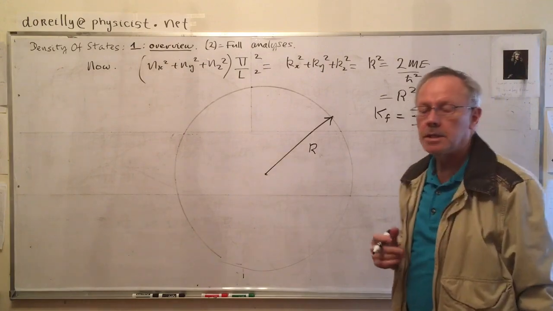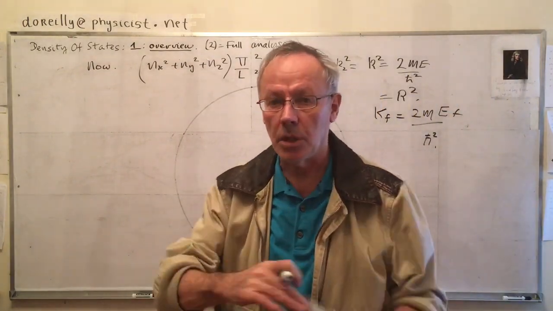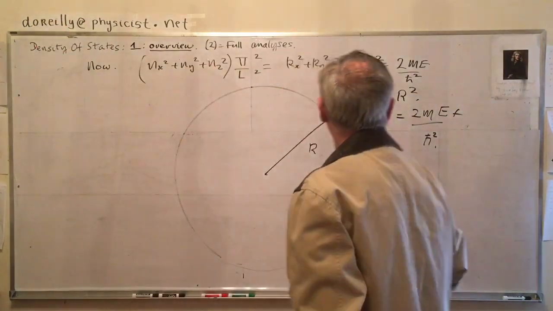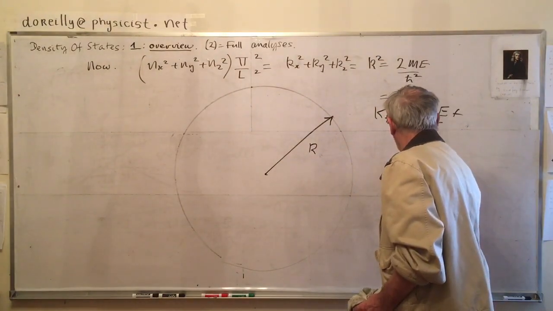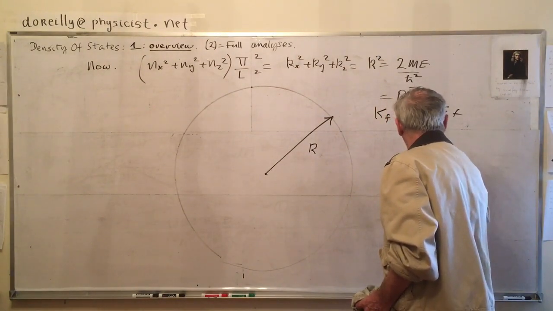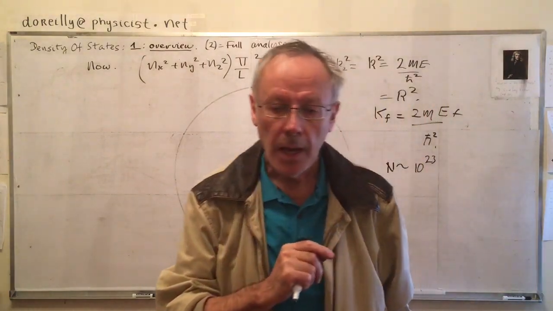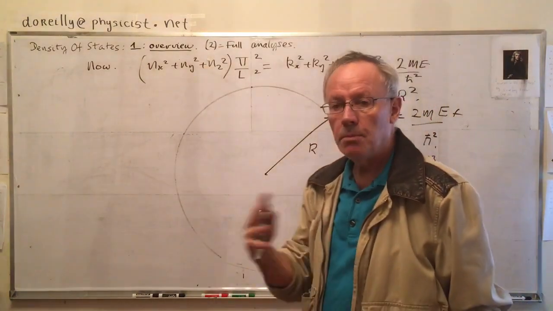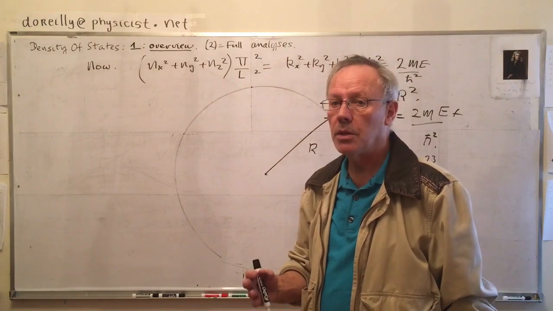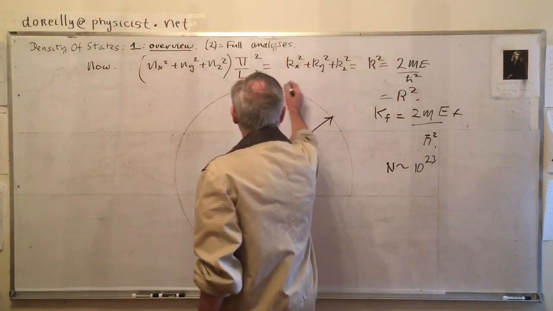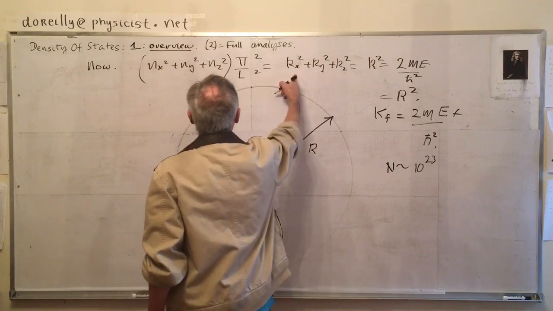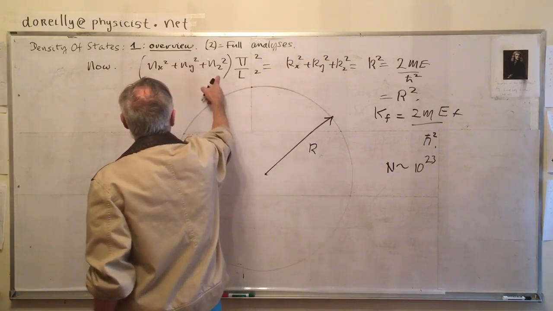The Fermi energy is the energy of the most energetic electrons at the tip of the sphere. Now typically the number n, the number of points in this space, is going to be about Avogadro's number, 10 to the power of 23. So let's look at the points. Let's look at all the possible values for these k. These n's are integers.